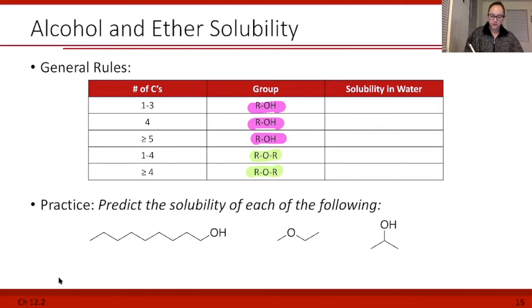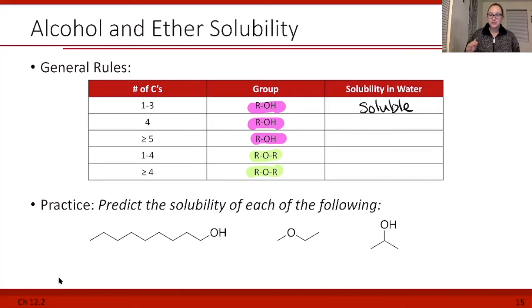So when we have a small number of carbons, a small part of the molecule is insoluble, but we still have that alcohol there. In this first line, those are going to be the molecules that are soluble. When we're in the middle, for alcohols it's 4 carbons.